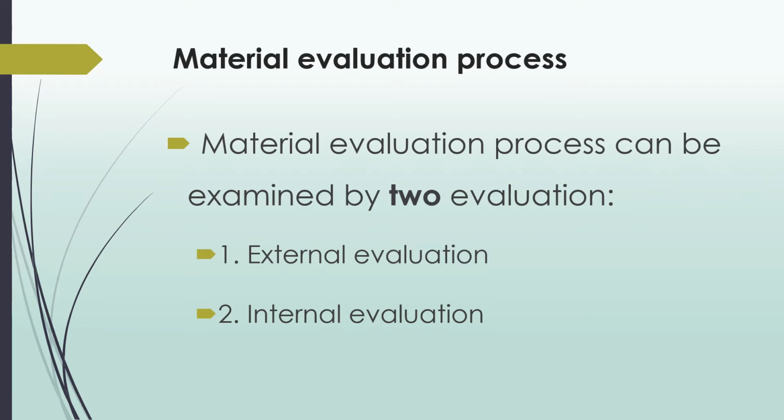So in the evaluation process, we mainly evaluate a material from an external perspective and an internal perspective. Both evaluations will help us to understand the value of the material.